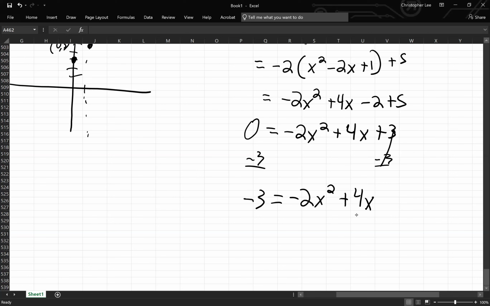Look it up, right? So let's divide by -2. The reason why I'm doing that for completing the square is I need my a term to be 1, but not just the a in front of the x squared. Everybody gets divided by that -2, right? So now what do I have? I have +3/2 is equal to x squared, that's what I want, right? Minus 2x.